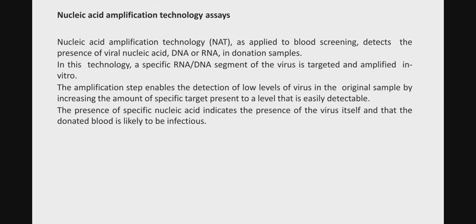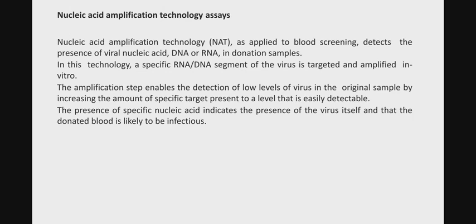The nucleic acid amplification technology assay, which we call NAT, is applied to blood screening. It detects the presence of viral nucleic acid, DNA or RNA, in the donation samples. In this technology, a specific RNA or DNA segment of the virus is targeted and amplified in vitro.